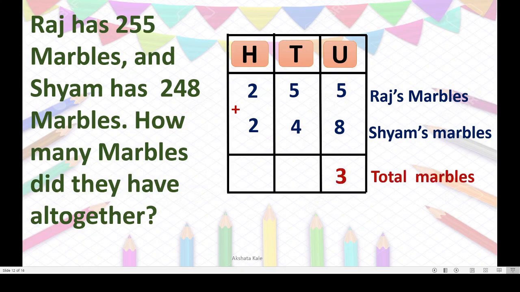That is 3 here. 1 is carried over to the tens place. Now in the tens place, 5 plus 4 plus 1, that is 10. So 0 we will write here and 1 is carried over to the hundreds place. Then 200 plus 200 plus 100, that is 500. Isn't it? 503. These are the total marbles. Correct? Now we have to write the answer like this.